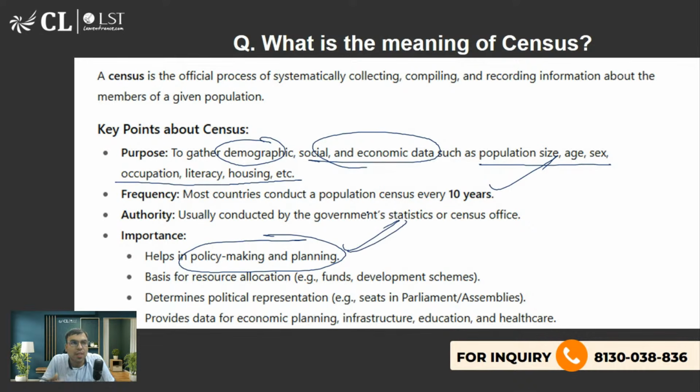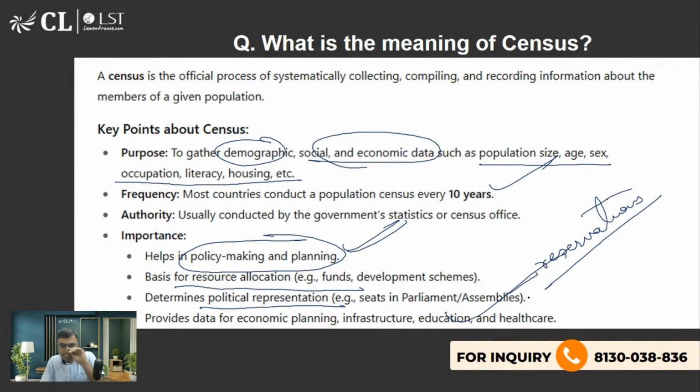The government comes up with a new scheme according to the census data. जो census के data है उसी हिसाब से वो scheme लाते हैं, है ना, कि कहां पर कमी है, कहां पर ज्यादा है, etc. It is the basis for allocation and determines political representation, for example reservations in legislative assemblies, parliament, everything. Okay, so these are the things related with census.